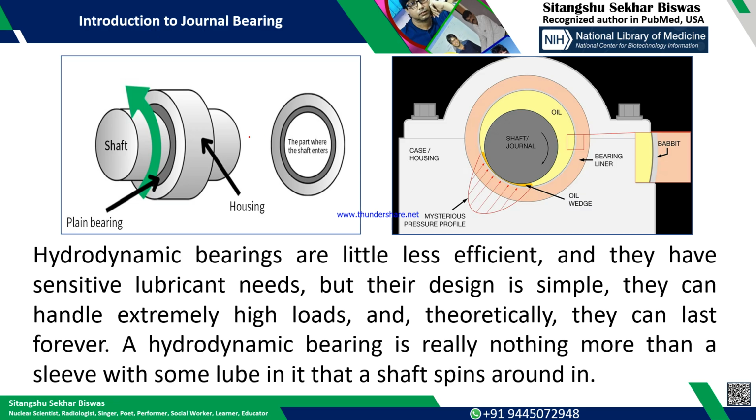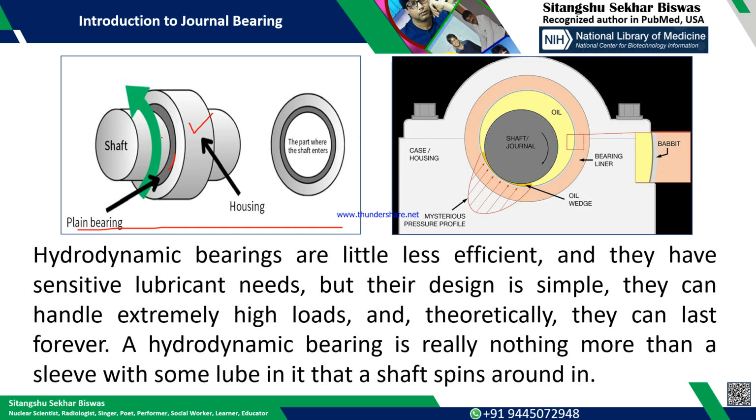This is the very common structure of a journal bearing. Normally this part is the outer casing or the housing, and inside that, this gray color part is basically the sleeve or the bearing, and there is a shaft.